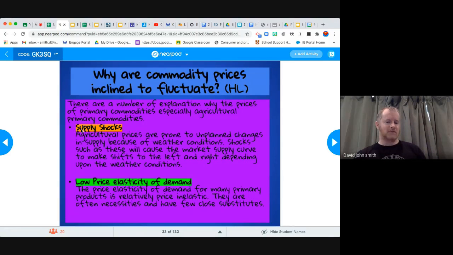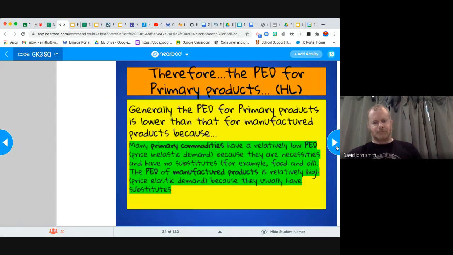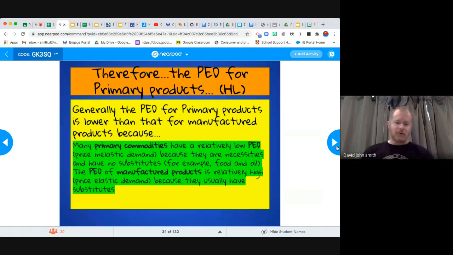It becomes what's called a supply shock, and we have those on a semi-regular basis. As a result, prices go up this time, down this time, up this time. Really good harvest, so price goes down. Big shortage, price goes up. Therefore, the PED for primary products tends to be more inelastic.